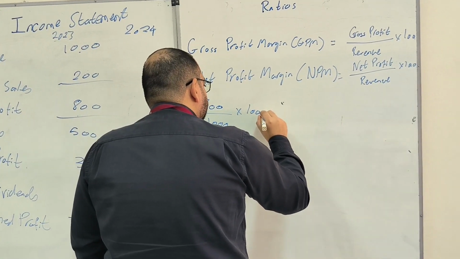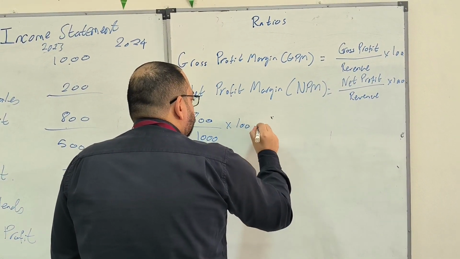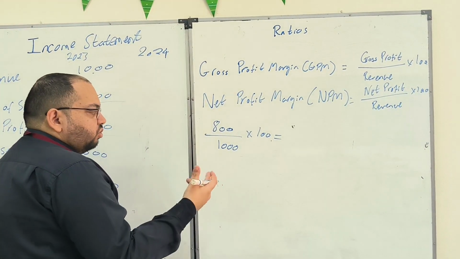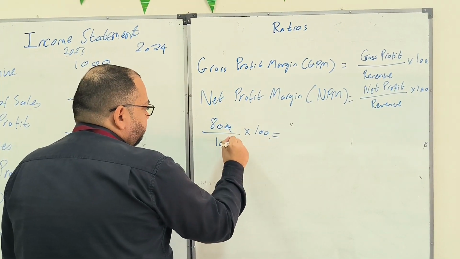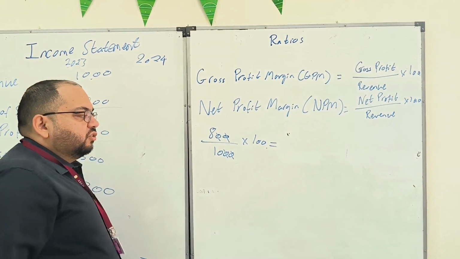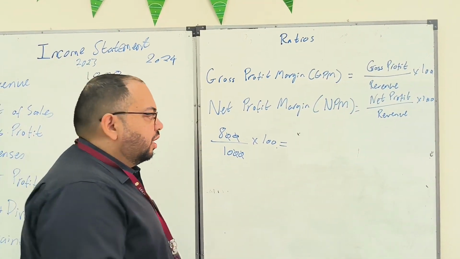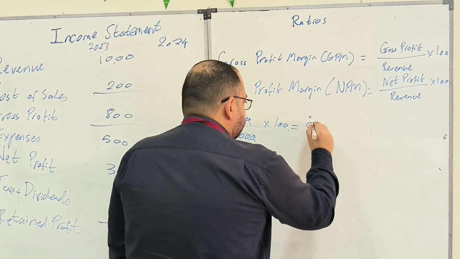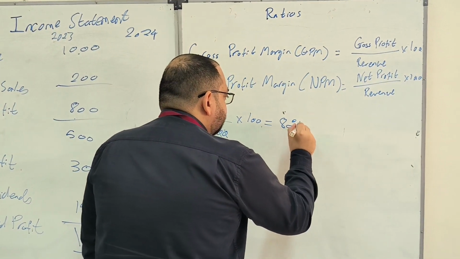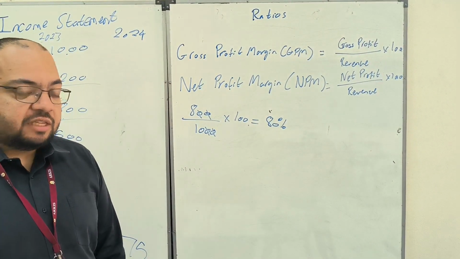Multiplied by 100. So, to do that, 8 out of 10. So that is 0.8. 0.8 times 100 is 80. And that is your gross profit margin as a percentage.